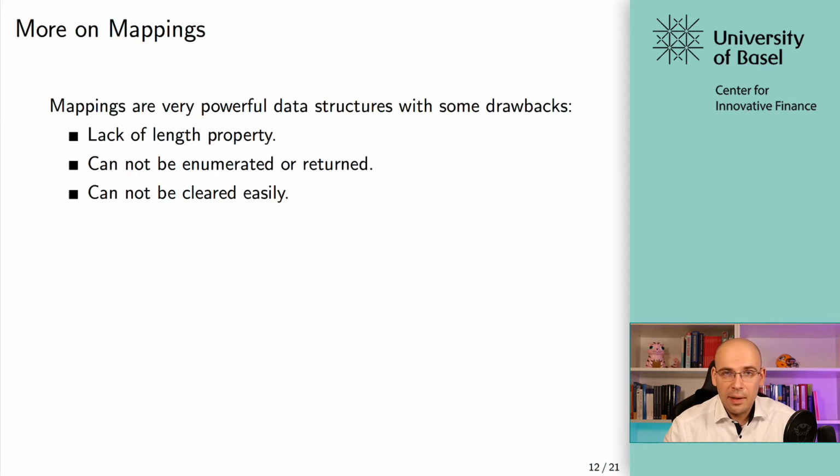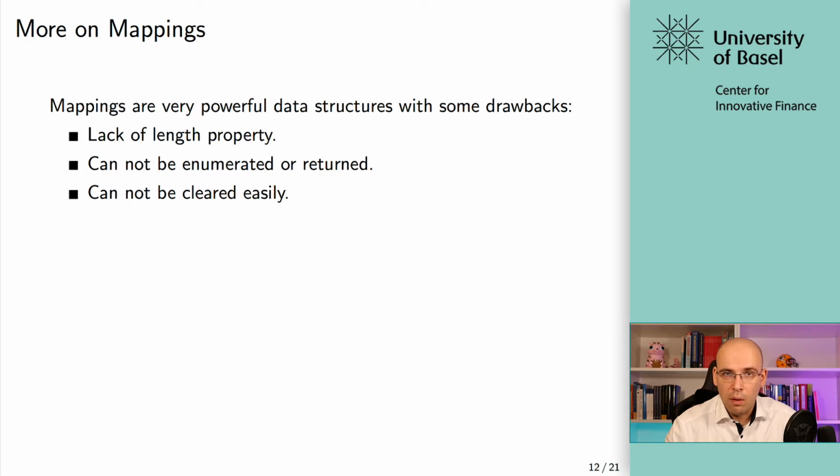In many cases, these mappings are super powerful, but as always, things have their drawbacks, and that's not any different for mappings. With mappings, and we have already briefly talked about that in one of the previous videos where we talked about variables, they have no length property, so you cannot just ask how many of these keys have non-zero values assigned. So you cannot get back the length from a mapping. It cannot be enumerated or returned.